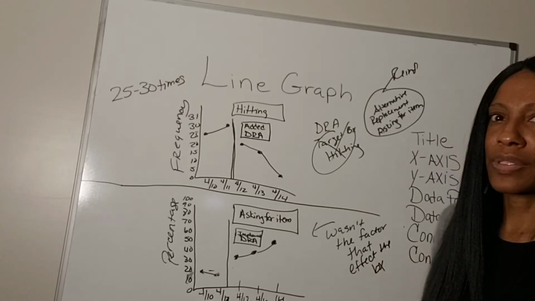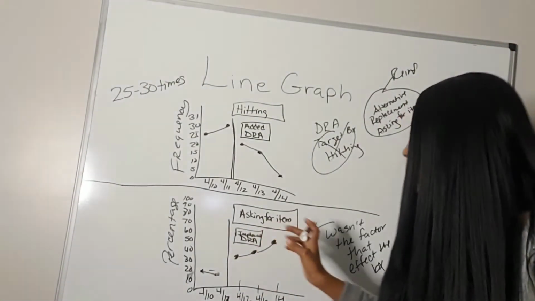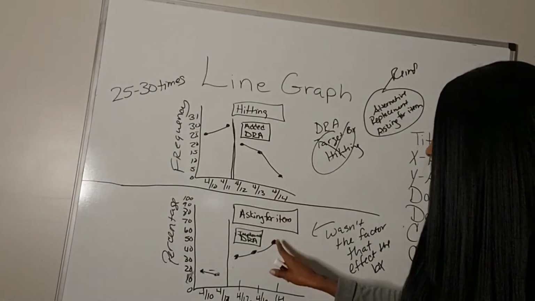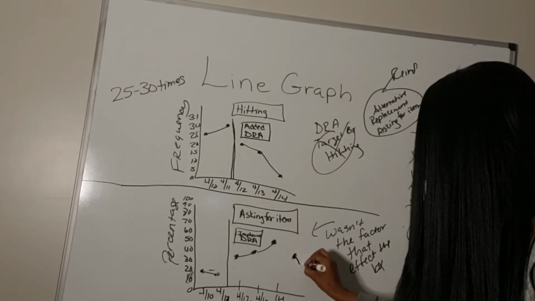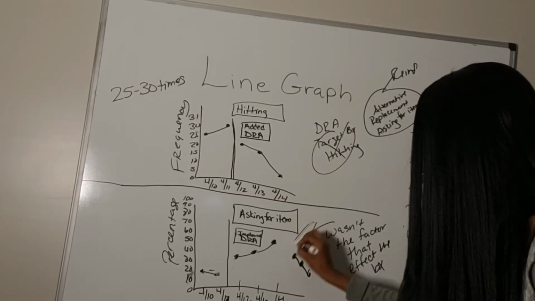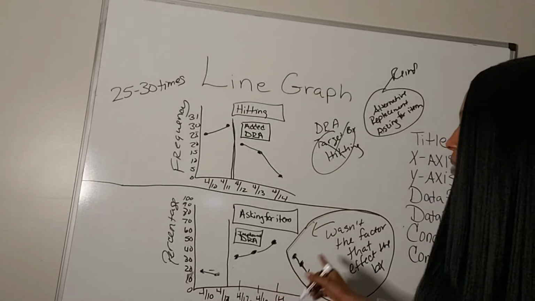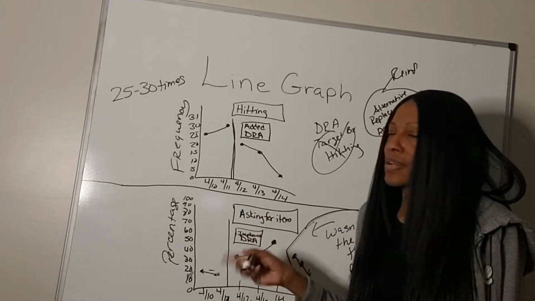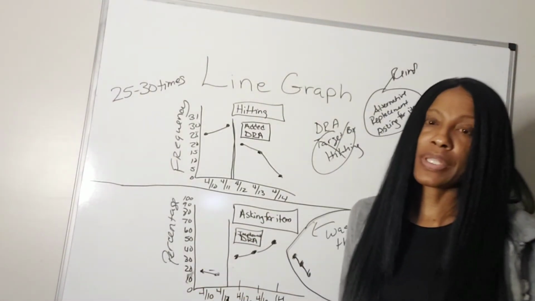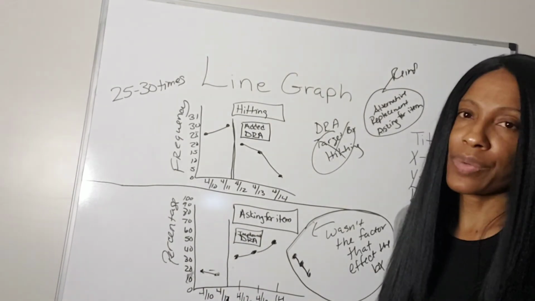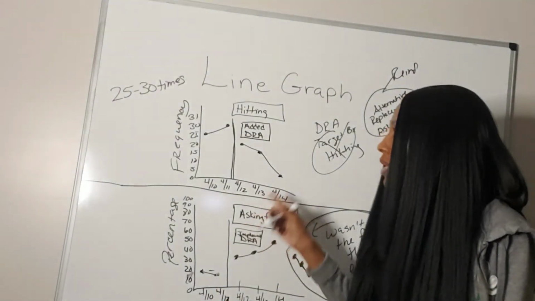It was something else. And this is a lot of times, if I can look at it and remember, if it's going down, then it's not the factor that affected it. A lot of times, if I'm studying my graphs, and you don't have to look at your graphs every day, but I would say look at them at least like maybe every 2 weeks, once a month at least.